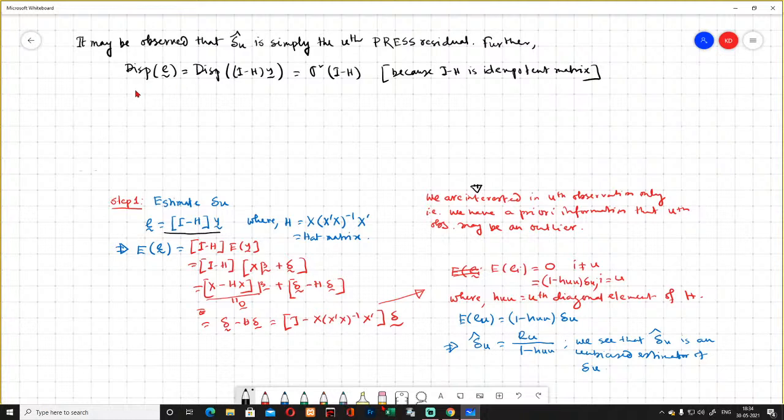And this implies the variance of e u is sigma square times 1 minus h u, and hence the variance of delta u hat, which is equal to 1 over 1 minus h u whole square times the variance of e u, is nothing but sigma square over 1 minus h u.